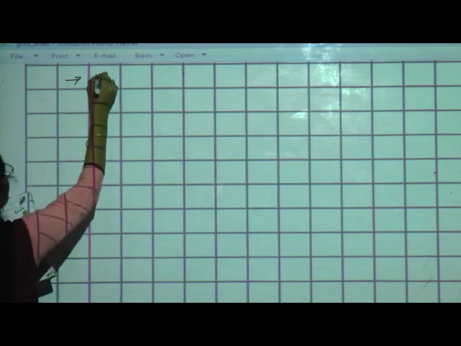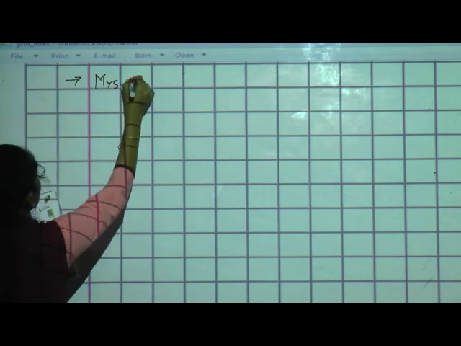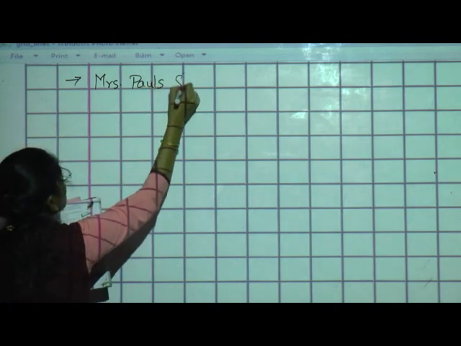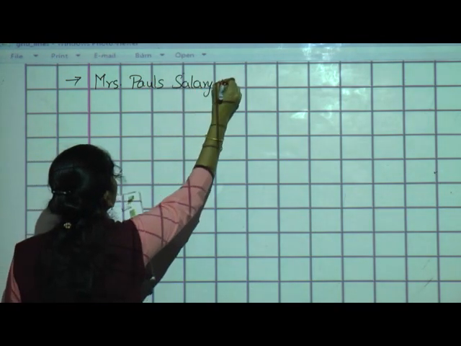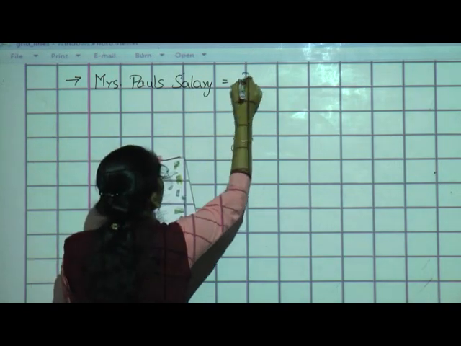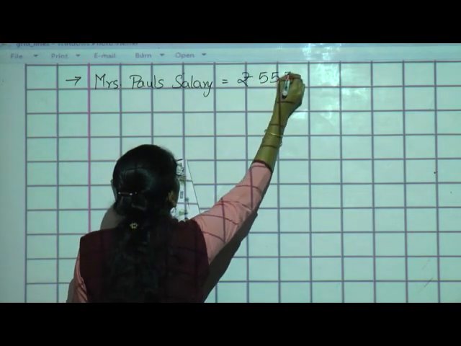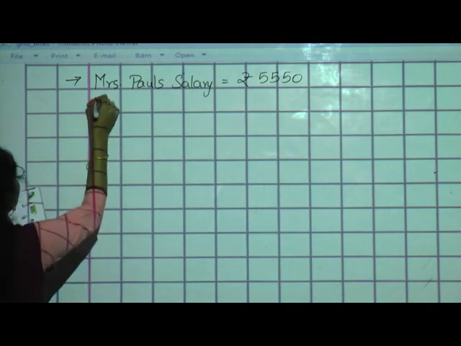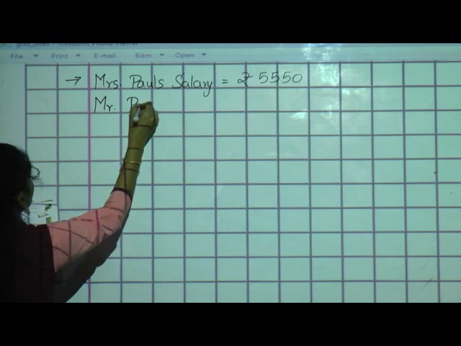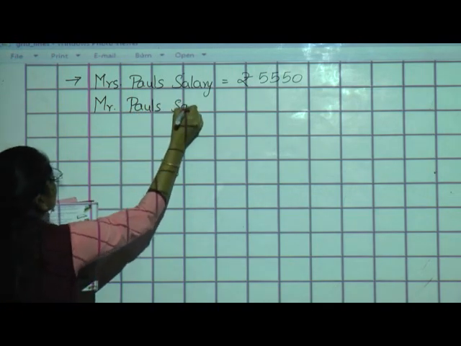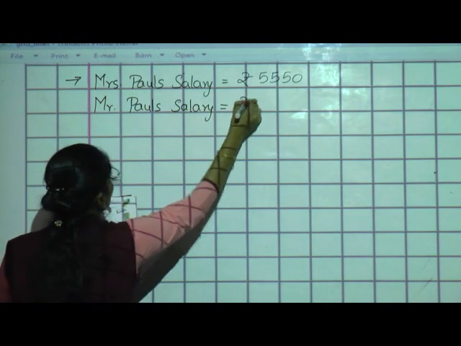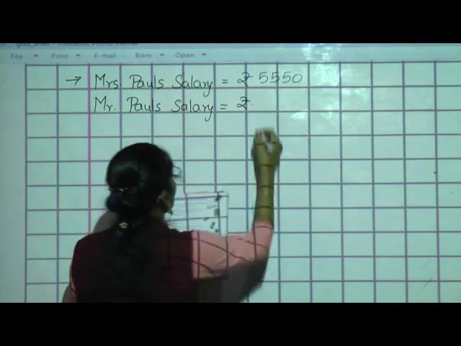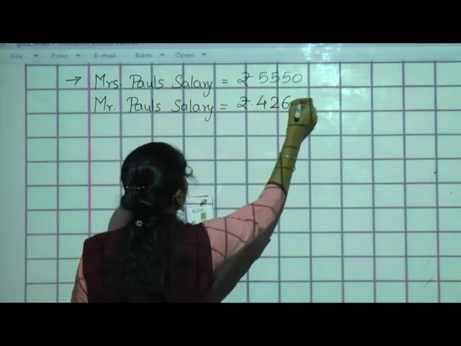Now see, Mr. Paul's salary is rupees 5550 per month and Mrs. Paul's salary is rupees 4260 per month.